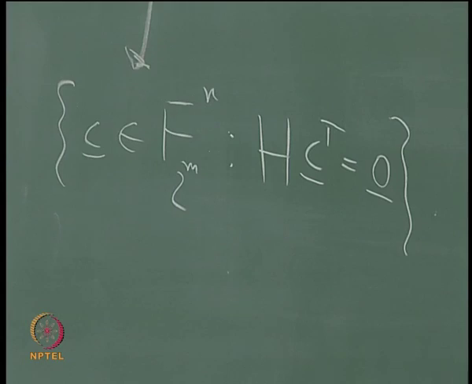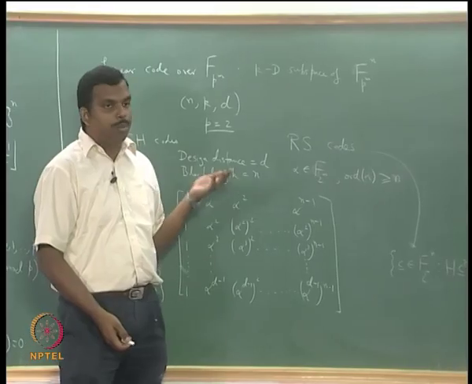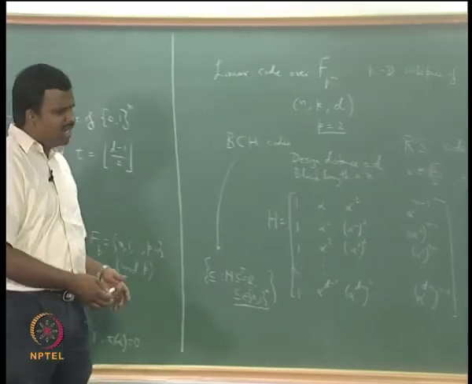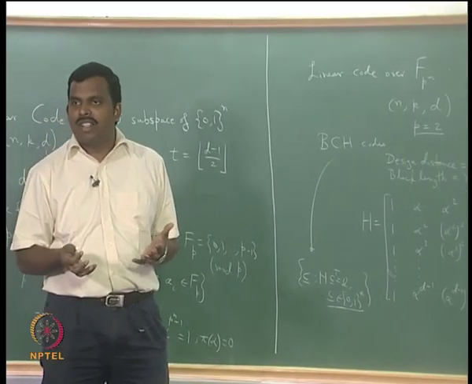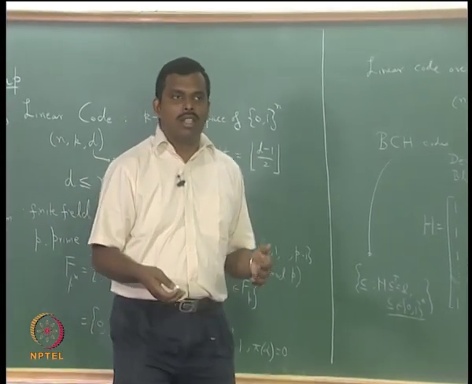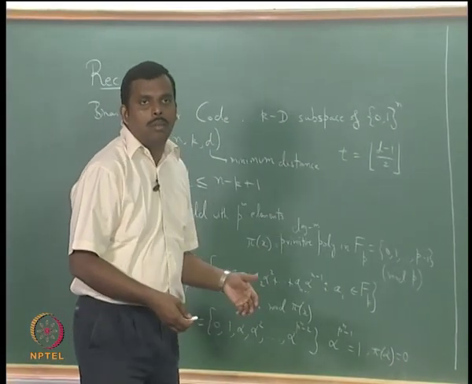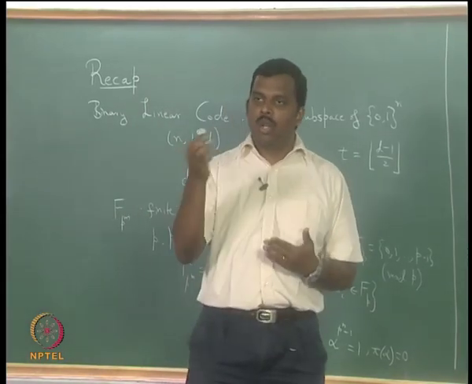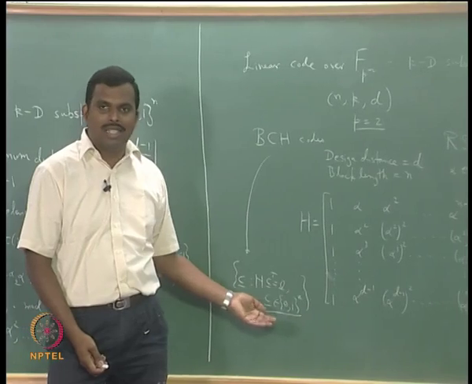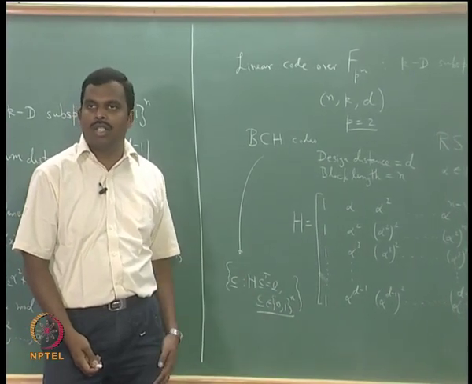According to our definition, H is a perfectly valid parity check matrix for the Reed-Solomon code. Even for the BCH code it is a valid parity check matrix, but the only problem is it is not binary. For a binary code you expect a binary parity check matrix, here you have a non-binary parity check matrix, but in spirit as far as the definition is concerned it is exactly the same, you can definitely give this definition, there is no problem.